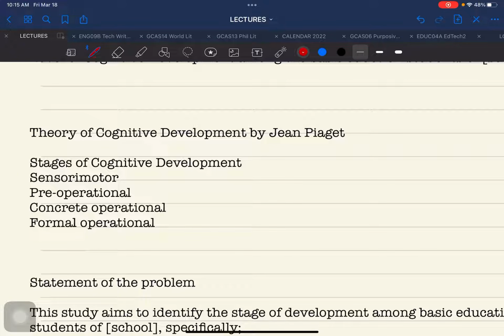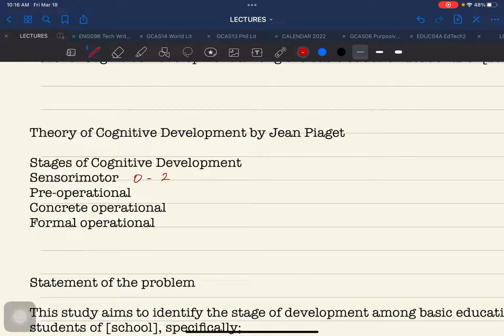So again, you have to be familiar with the theory that you are using or will use for your study. I am presenting the idea so that later, we will be able to identify if this is relevant to what we would like to accomplish in our research by presenting the specific problem. In the sensorimotor stage, this is from birth to 2 years old.